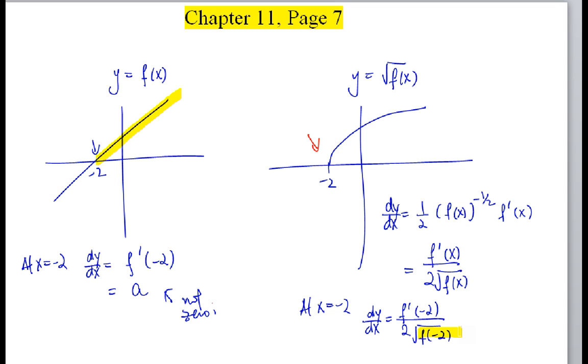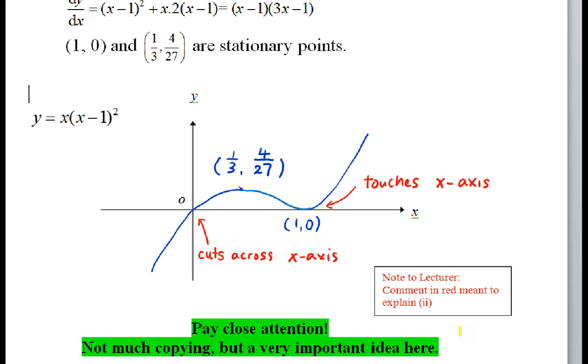Now let's go back to the question. Here, clearly, the gradient is not 0, so obviously there is a vertical tangent. Now the problem lies in this point 1, 0. Because at x equals to 1, your f prime 1 is 0.